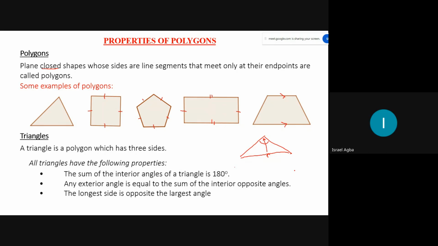But in an equilateral triangle, all the angles are equal, so we don't have any longer side. When we say the longest side, it means the sides are different. In an equilateral triangle, all the sides are equal. Which one is the longest? You don't have the longest.